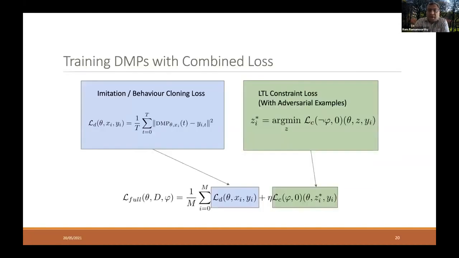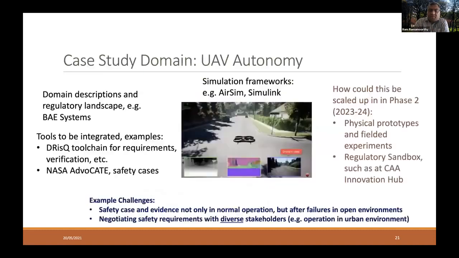But the crucial addition here is that we have both the low-level machine learning training loss, but also a mechanism by which the logical additional specifications are turned into a loss function, which can be put into the training process through an adversarial training process. This allows us to find ways in which we can combine both the symbolic specifications that are incrementally arriving and the standard machine learning process, improving the robustness.